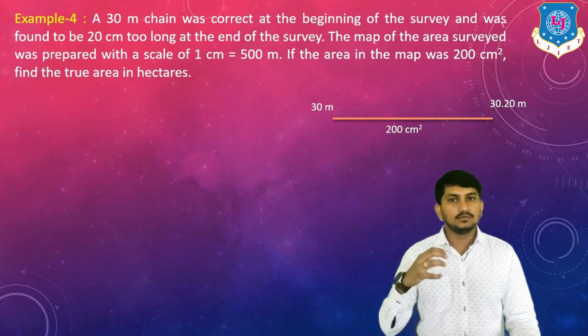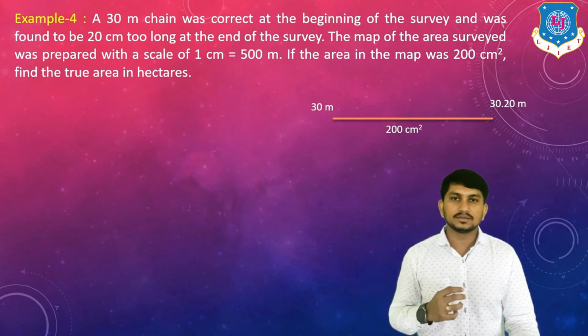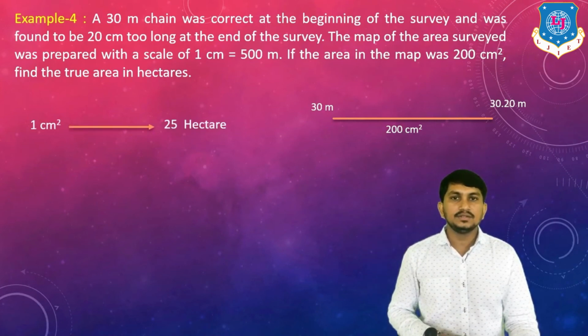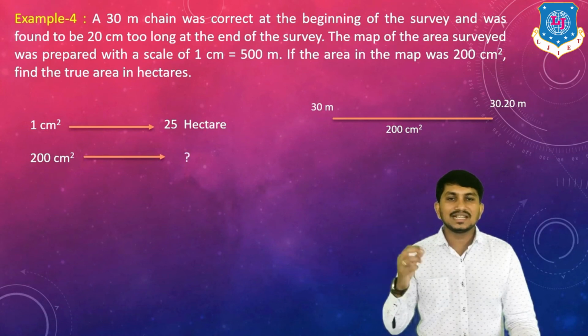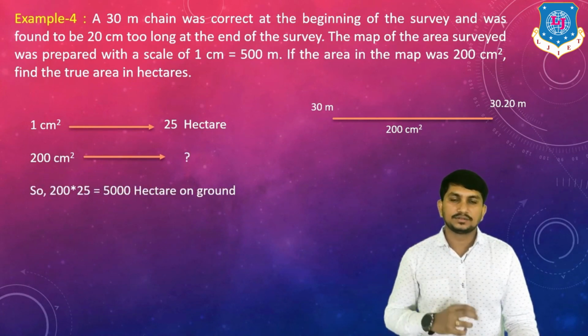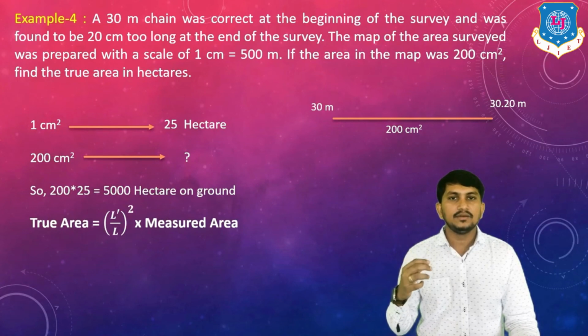If we convert our measured area from centimeter square into hectare, 1 centimeter square is equal to 25 hectares. So 200 centimeter square is equal to how many hectares? It is about 5,000 hectares on the ground. So we have the measured area in hectare. We have L dash.